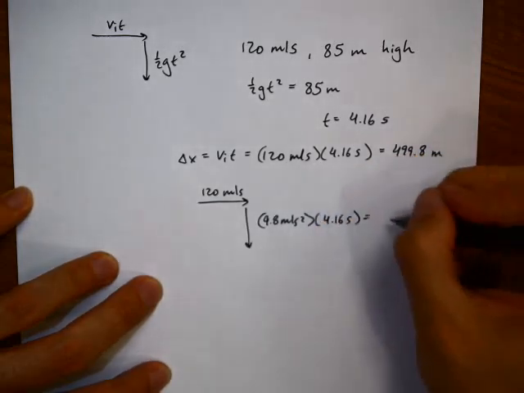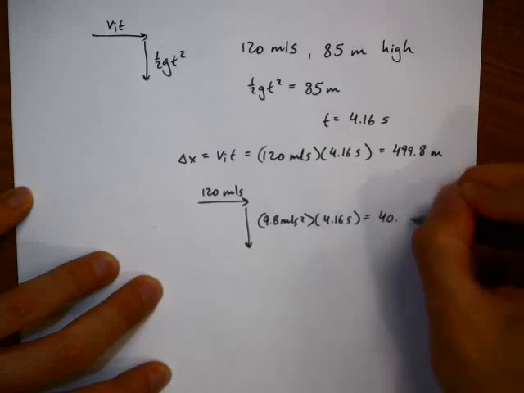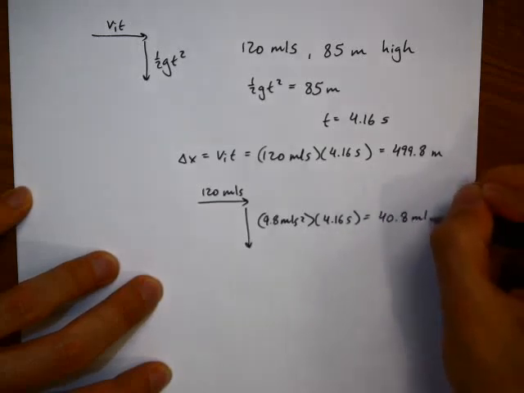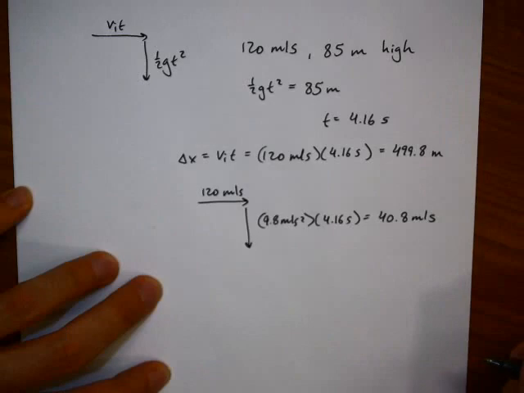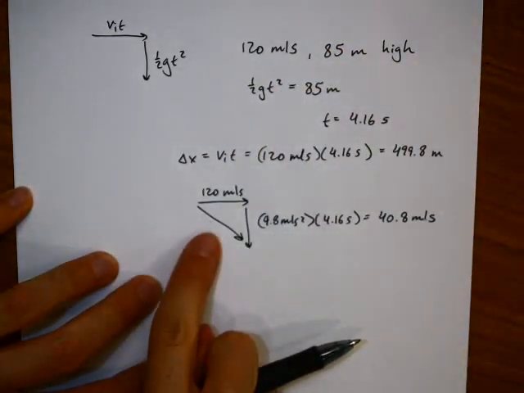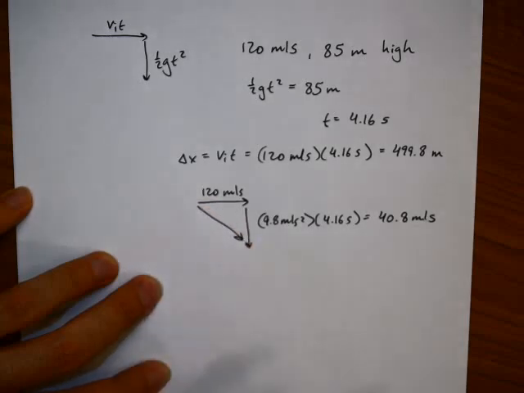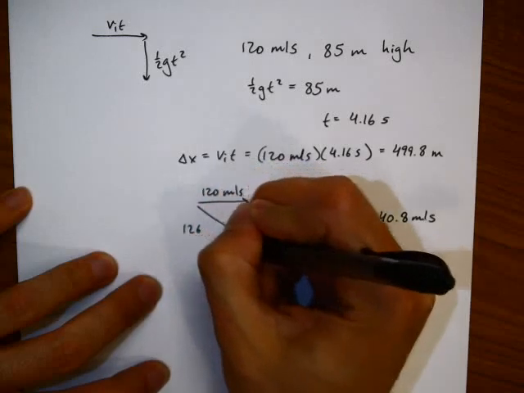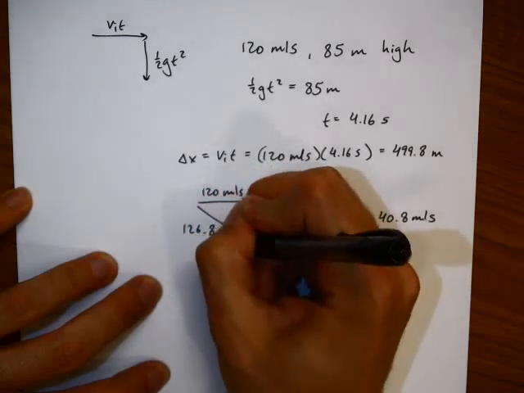Just like we did in the last problem, the vertical part of the speed is still 40.8 meters per second. And the overall speed is the resultant of adding these two velocity vectors. We use the Pythagorean theorem and get 126.8 meters per second.